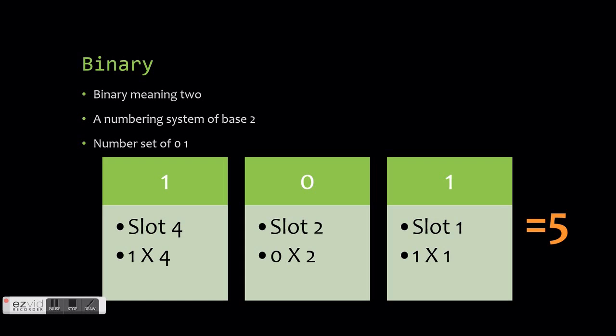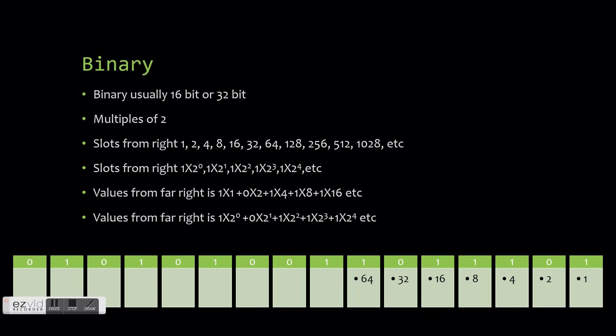Then in slot 4 we take the value 1 times 4. We add the values together, 4 plus 0 plus 1, to get 5. Binary numbers are usually 16-bit or 32-bit, not the 3-bit we saw in the earlier slide.